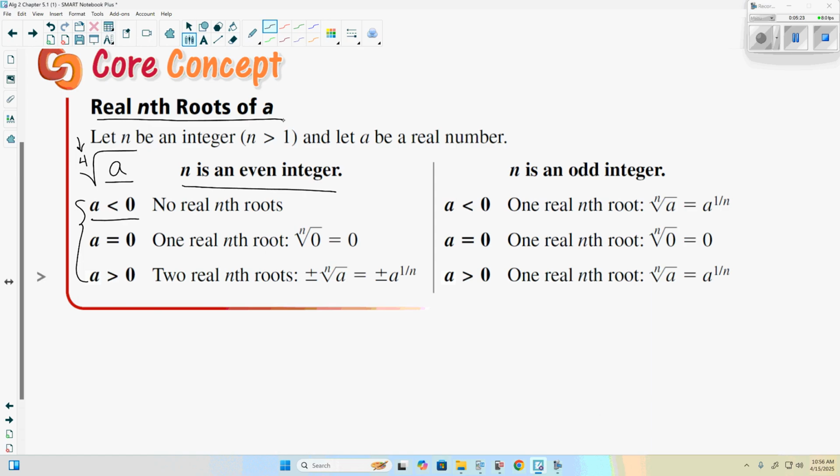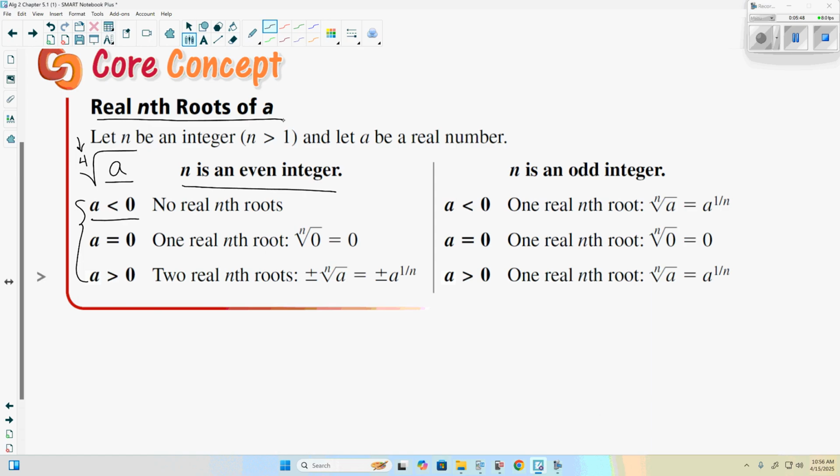If the number inside is 0, what number times itself, say 4 times, gives us 0? That would be 0, because no matter how many times I multiply 0 by itself, it is still 0. So the fourth root of 0 is still 0. We will have one real root. It's 0, but we have one real root.